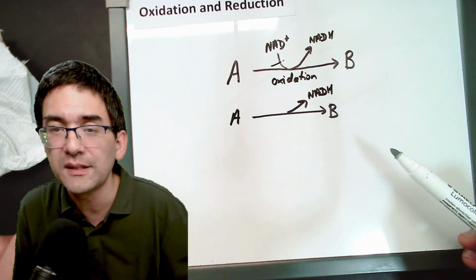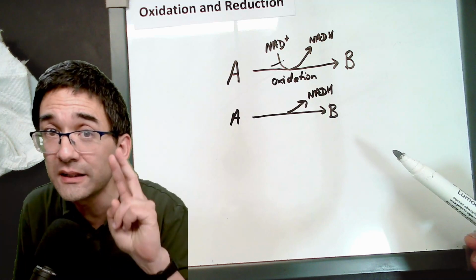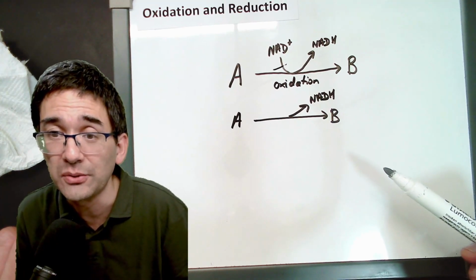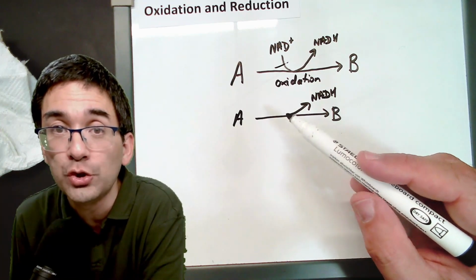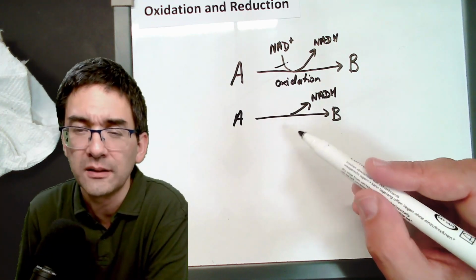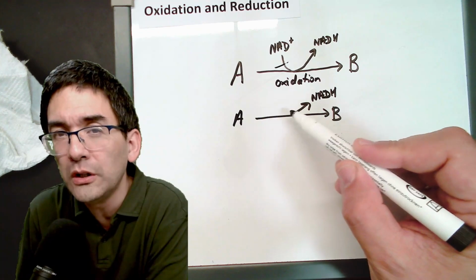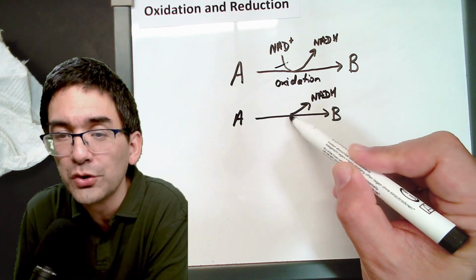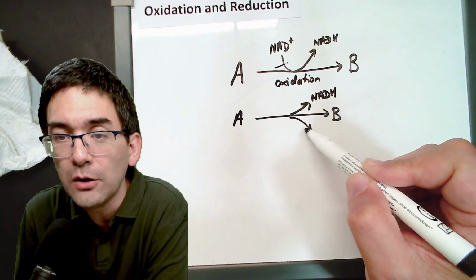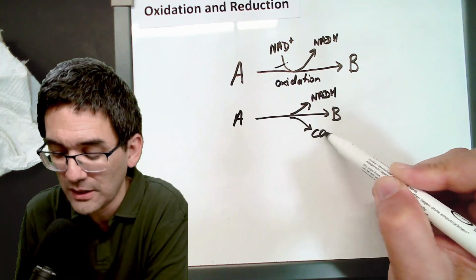However, this is sometimes accompanied with a second process that I need to explain to you. The second process is a so-called decarboxylation process. Now, what is that? Well, sometimes I'm not only removing high energy electrons this way, but at the same time, I'm also removing a CO2, carbon dioxide.